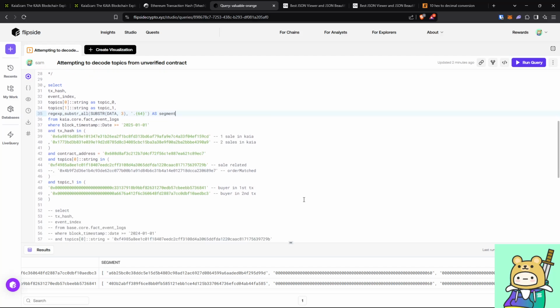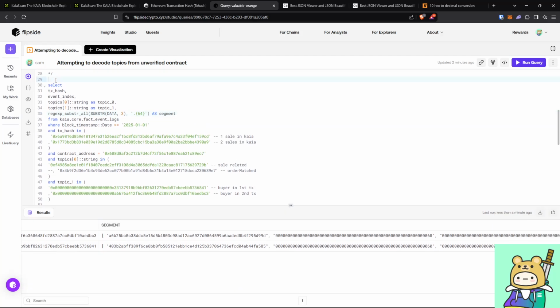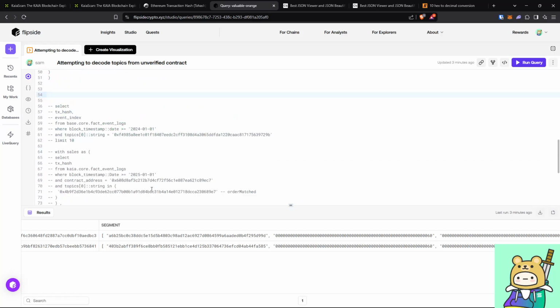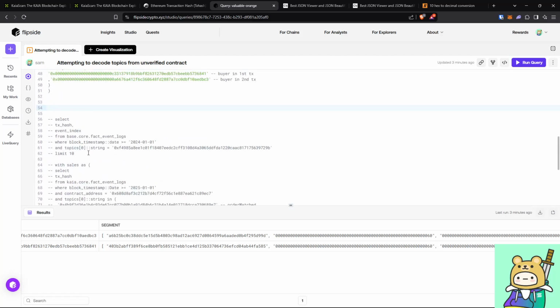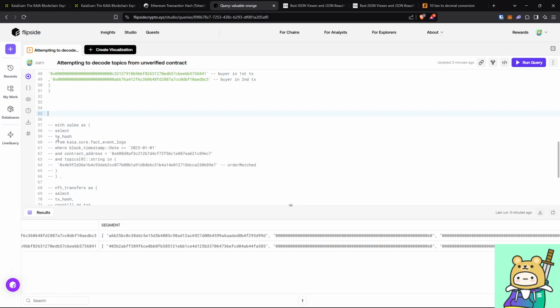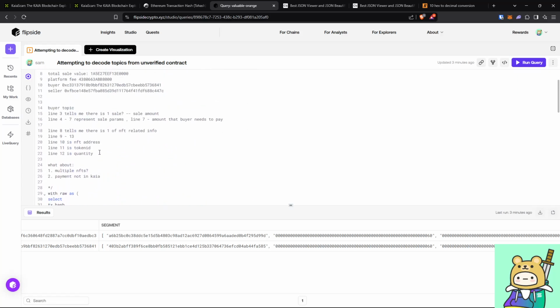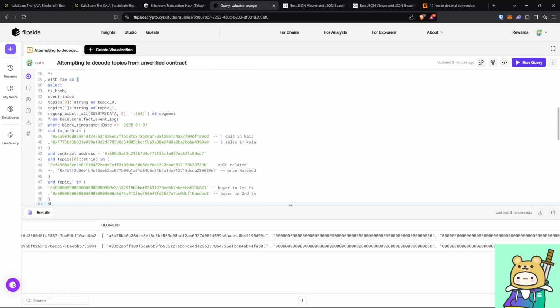Let's see. All this is raw. All this is finding examples with more than one NFT, right? I push this way lower down. And this one would be our raw table.